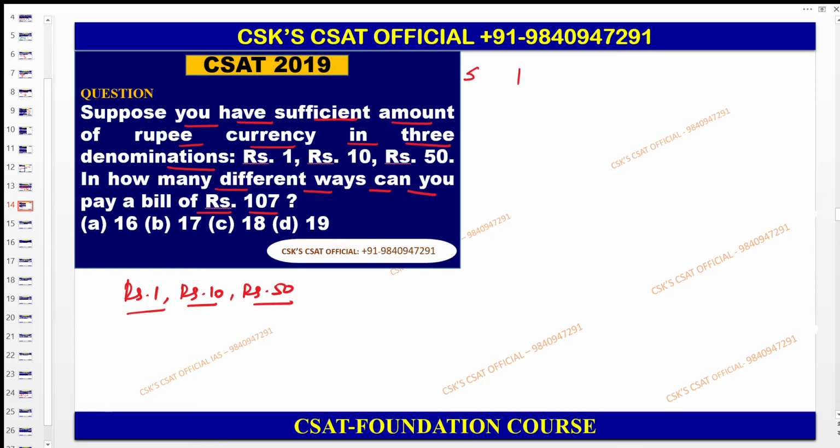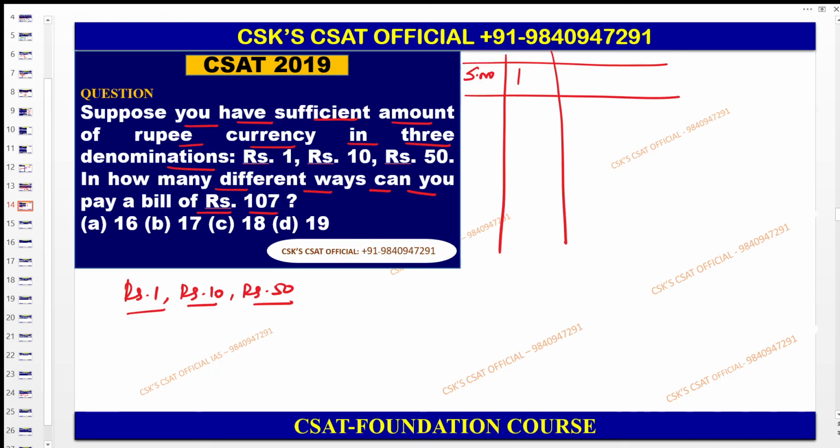So you just do serial numbers also. Then only you will be able to do one, then your 10, your 50. So therefore you can make the possibilities here. What we are going to do is first complete the 1 rupee, then come to the 10 rupee, then come to the 50 rupee. So like that you can move, then easily you can complete.